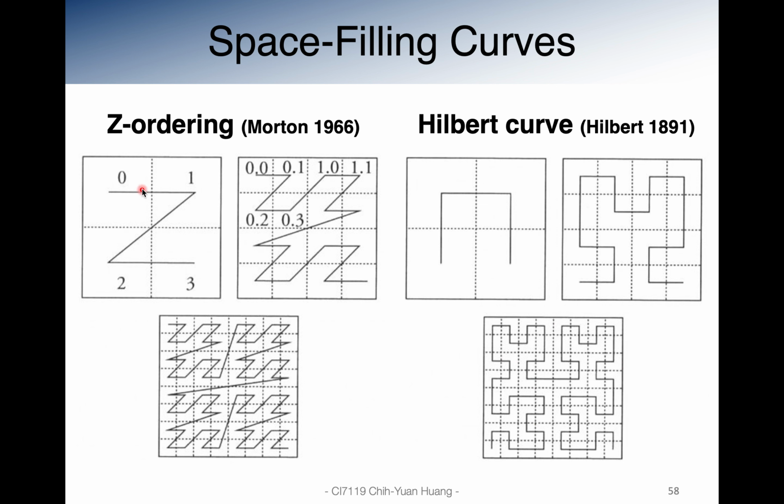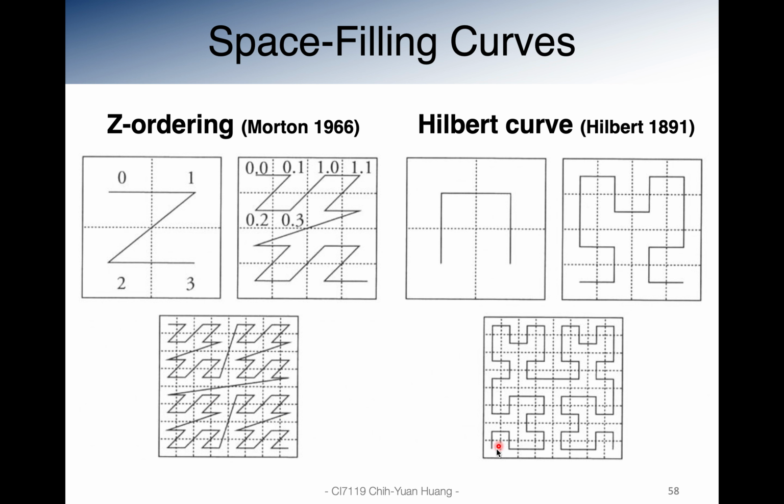Whether you call it Z order or Hilbert curve, the key idea of these two is to preserve the proximity between the cells in the two-dimensional view in the one-dimensional order. That's the reason they define this order like this.